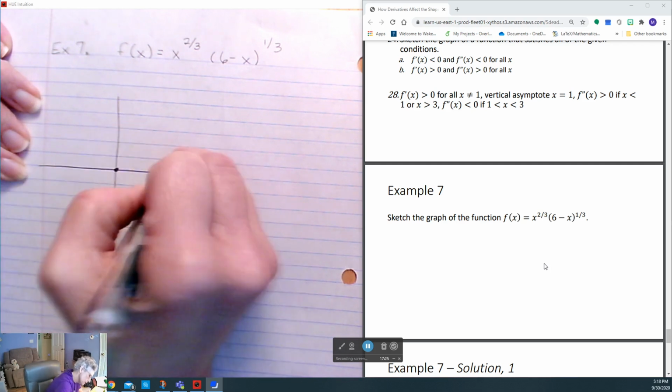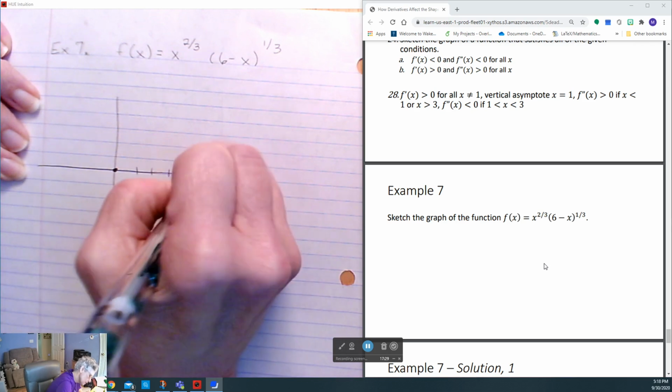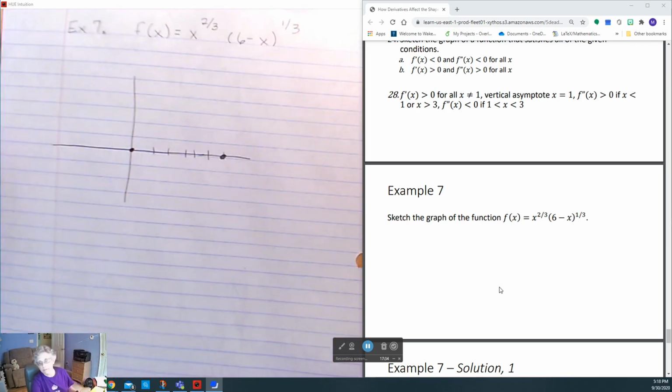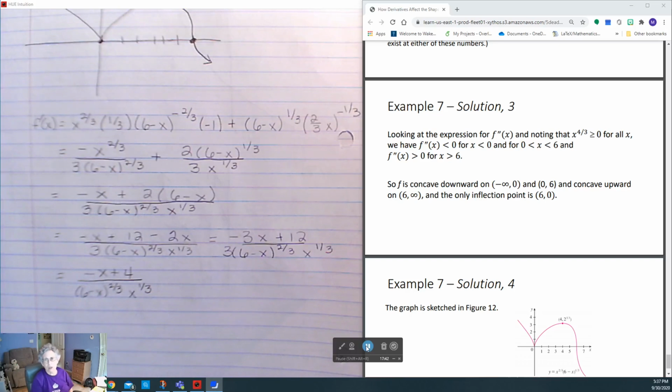So I'm going to plot 0 and 2, 3, 4, 5, 6. Then we'll take the derivative. I'm going to take the first and second derivatives and set them equal to 0, and I'll meet you back here in a minute.